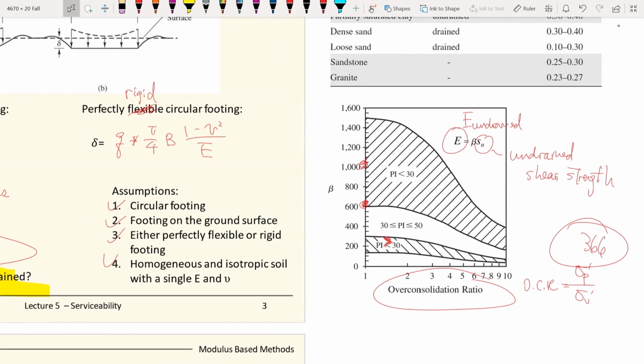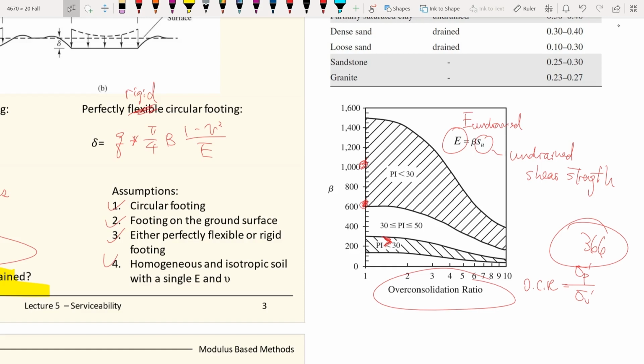Why this modulus value always gives us a hard time is because the modulus for soils is not a simple single number representing the whole soil layer.